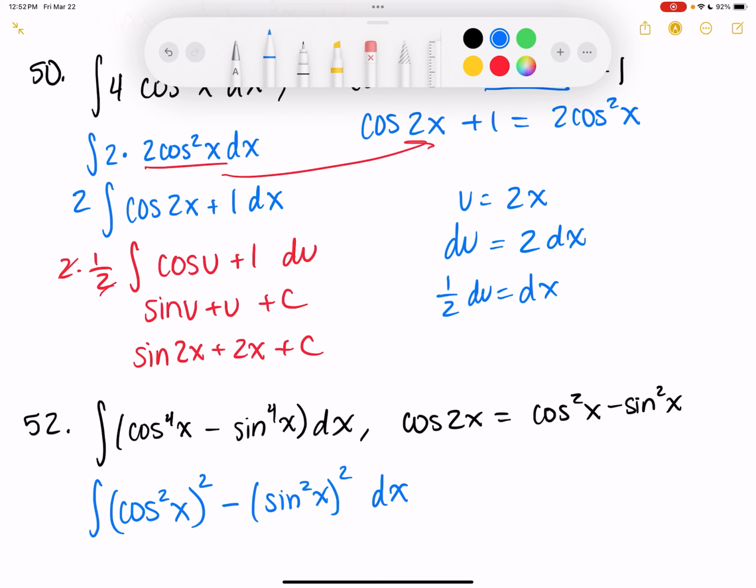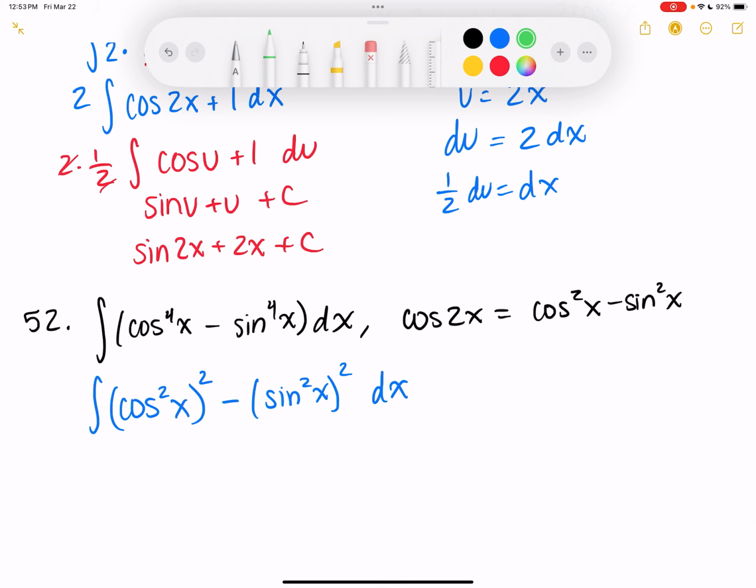This is a special type of factoring, but you're probably not going to recognize it in trig form. If I have something squared minus another something squared, like x squared minus y squared, what would you tell me that that factors into?